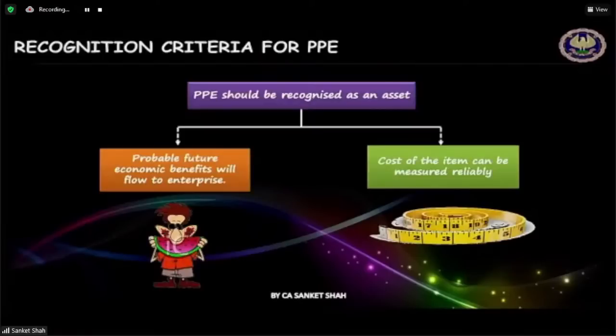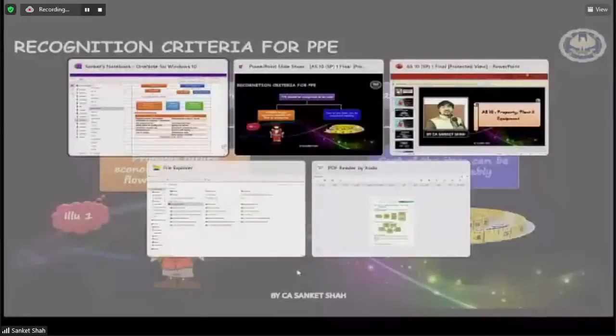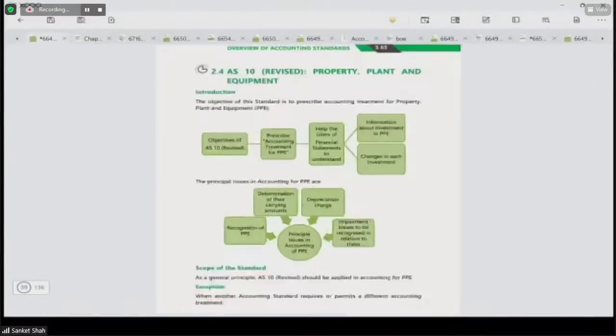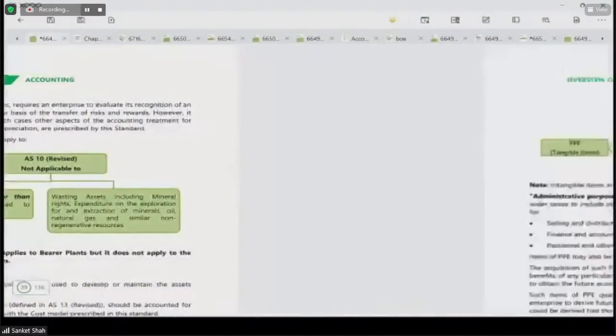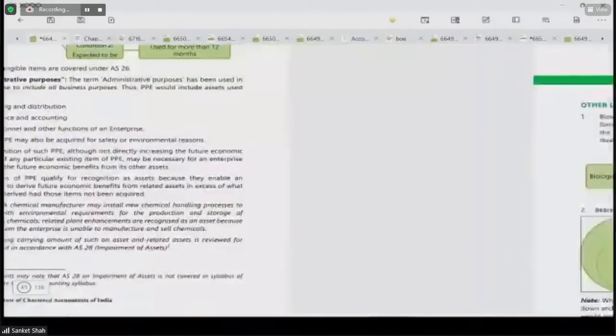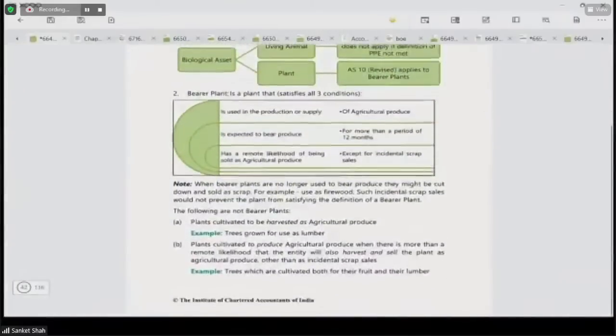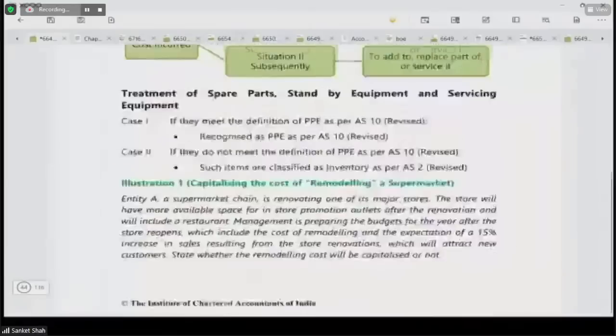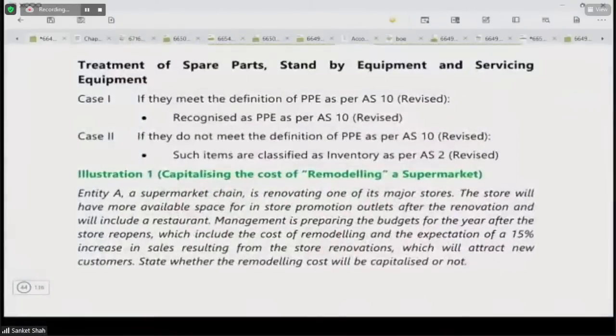So everyone has written this recognition. Illustration number 1: we will solve one illustration based on this concept. Has anyone read it from the study material after my explanation of the concept?